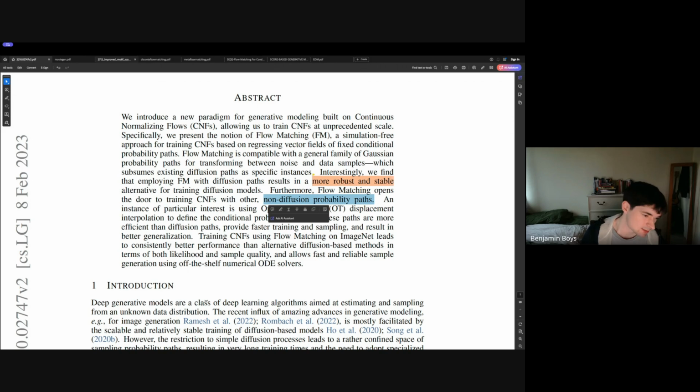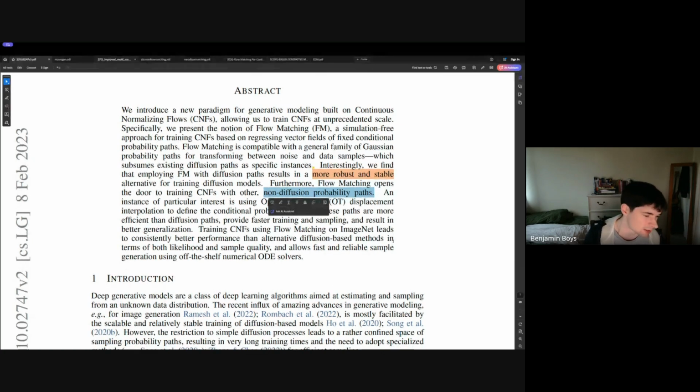So instead of designing the one-step transition kernel that takes you from your data to the noised image, we're not going to design a transition kernel. What we're going to do is define a conditional vector field that will take you from one distribution to another between pairs of points.